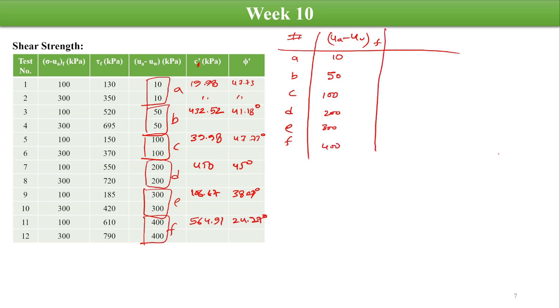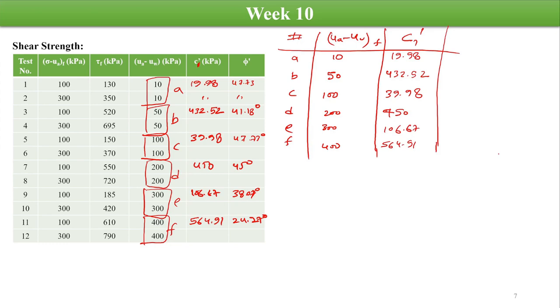For these values, we have calculated C1 dash and phi dash. The values of C1 dash we will be using are 19.98, 432.52, 39.98, 450, 106.67, and 564.91.